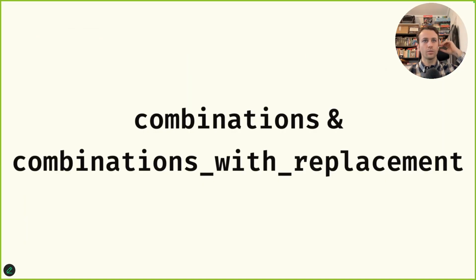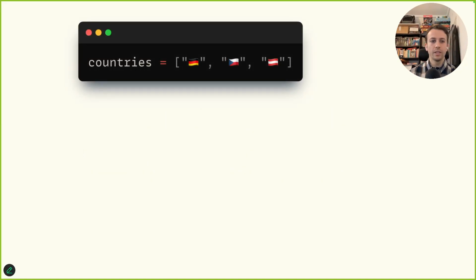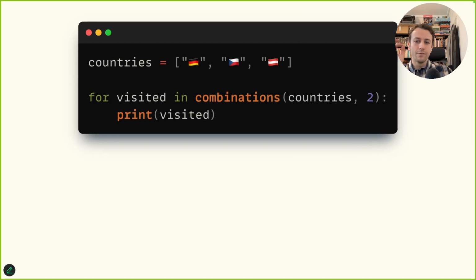Now, talking about combinations and combinations with replacement specifically, let's see how they work. So in 2026, I'm thinking of visiting Germany, Czechia, and Austria. These are countries I would like to visit. And I'm representing them with their flags in the snippet of code. And now the question is, if I can only visit 2 of them, what countries could I visit?